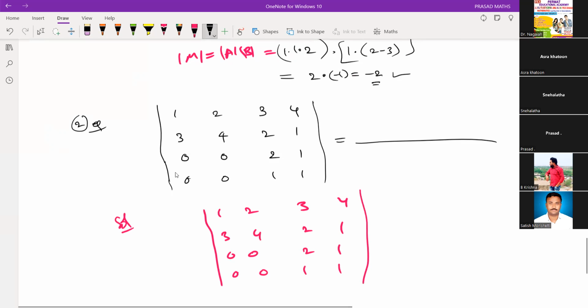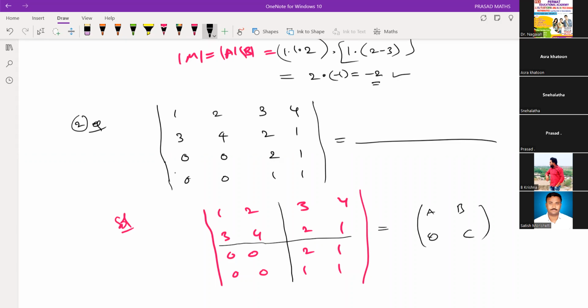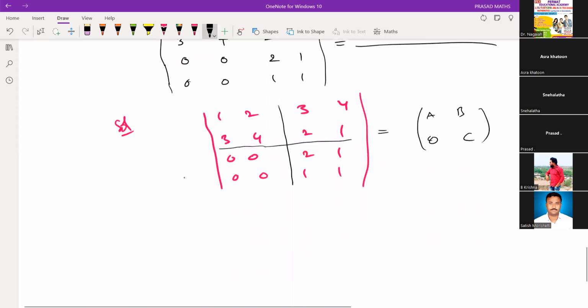What is the determinant of this? My suggestion is to first form blocks suitably. What is my block? First you need to cover the zero matrix by drawing a horizontal line and a vertical line. It looks like A, B, 0, C. It looks like a block upper triangular matrix. Yes or no?